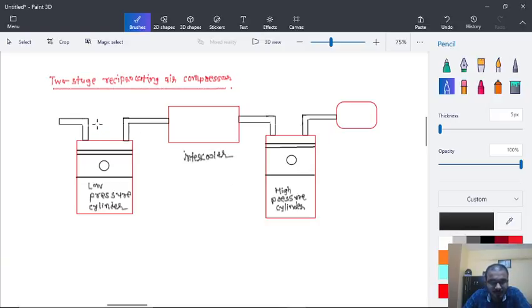So we will be defining a few points here. Let us say that this one is section 1. Here we have section 2. Then we have 2 prime.